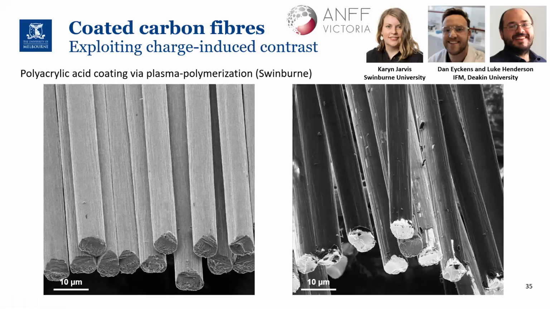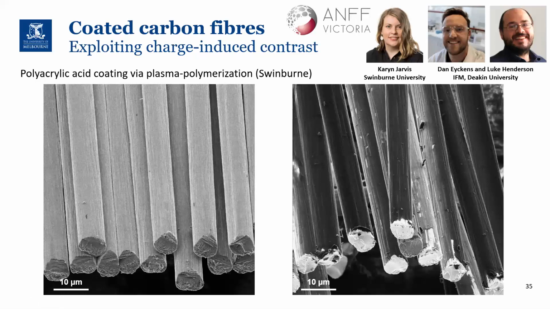The interesting part of this work is that we're actually exploiting something that otherwise we would try to get rid of. And that is we're exploiting charge to create contrast. Because the center core of the fiber is of course conductive, but the polymer coating is somewhat insulating. So we're balancing the electron flood gun to give us this very clear contrast where the coating is and is not on the carbon fiber.